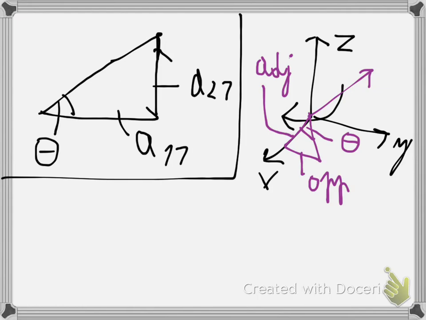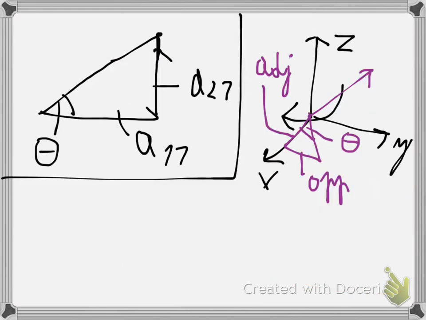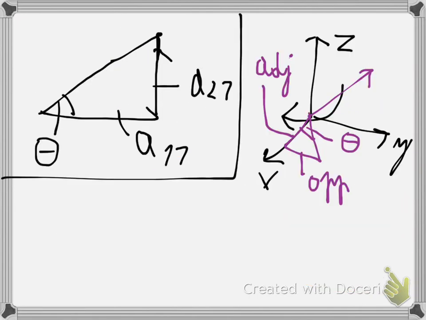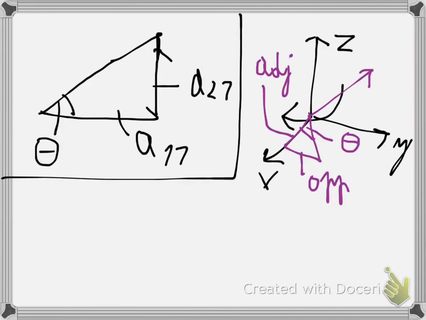And so you can use basic trigonometry, and that's where these formulas come from. Cosine will be the adjacent over the hypotenuse, and sine the opposite over the hypotenuse. And so once you have found your cosine and sine, you put them in your matrix, you apply it to A.